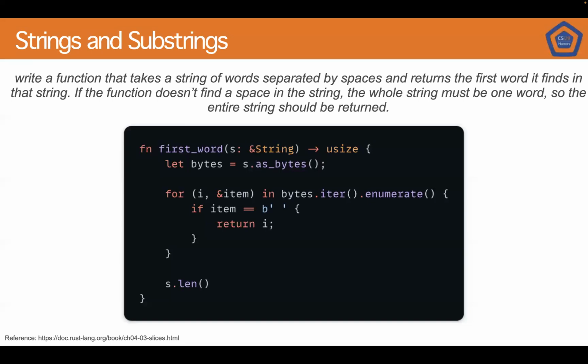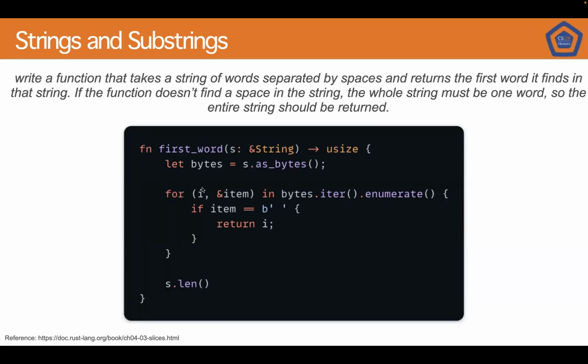Now let's go over the body of the function. So we know we need to go through this string element by element to check whether a value is a space or not. So we can convert our string s into an array of bytes using the as_bytes method. Next, we can create an iterator over the array of bytes using the iter method, followed by the enumerate method, which will return a tuple.